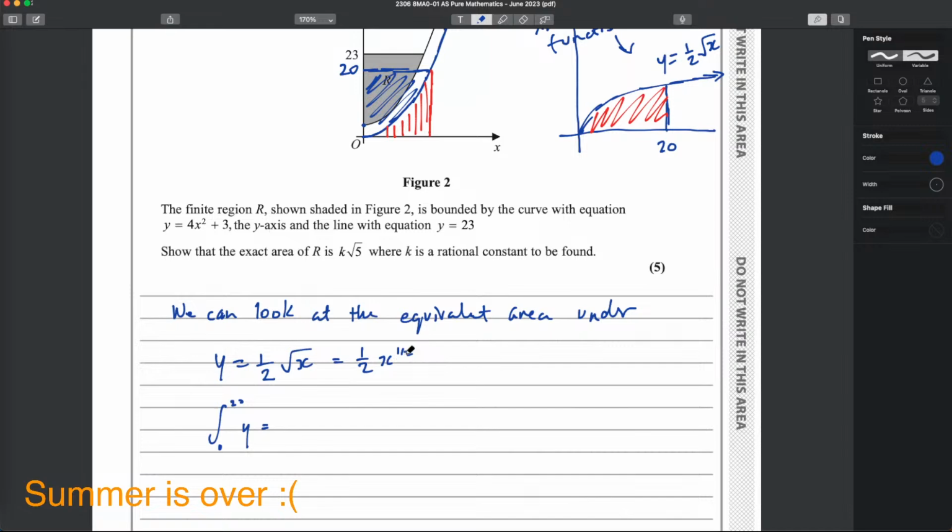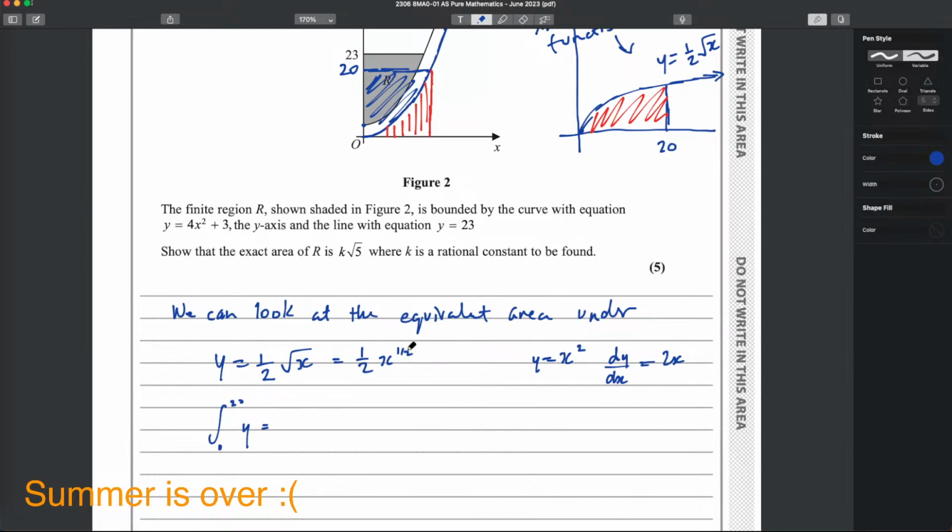So remember, when we differentiate, we subtract 1 from the power and we divide. Right, so for example, if we have x squared, the derivative of x squared is 2x. So we take 1 from the power and multiply the coefficient by the power.